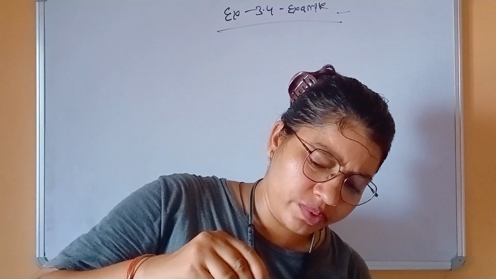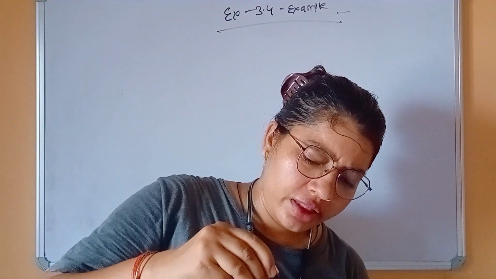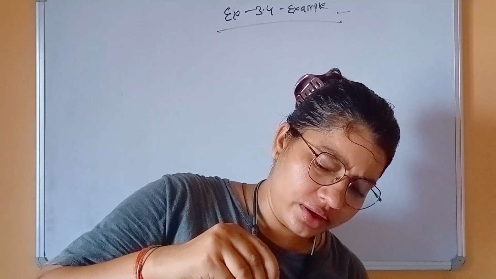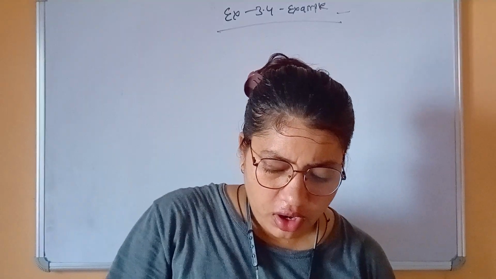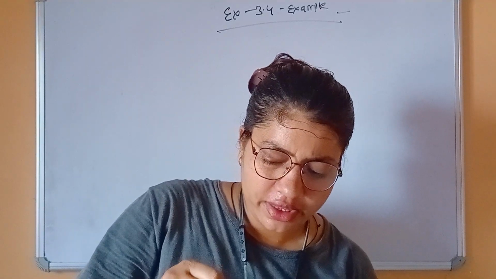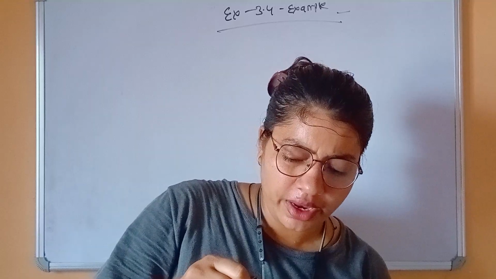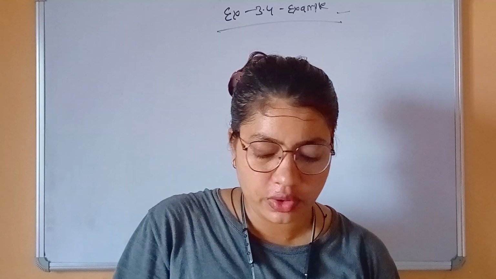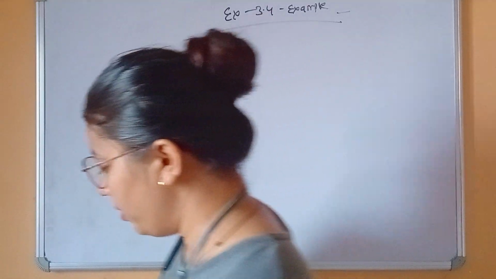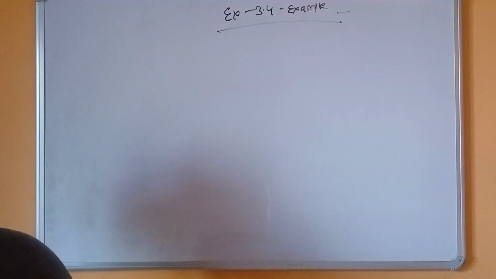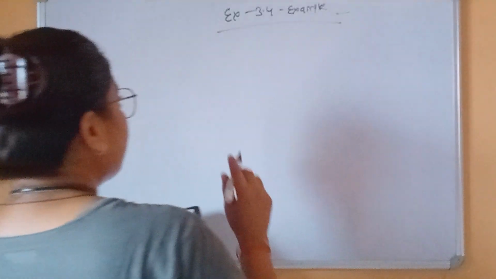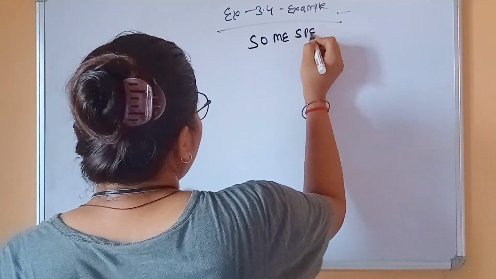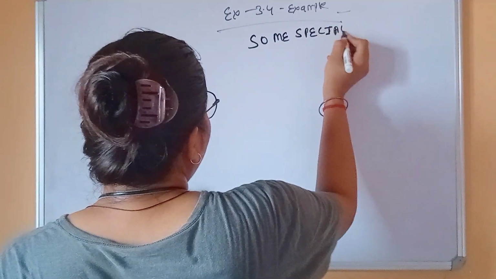A figure with 4 sides we can call a quadrilateral; if it has 3 sides, it is a triangle. Among 4-sided figures there are many properties remaining, like rhombus, rectangle and square. You will understand one by one. Here it is written: some special parallelogram.